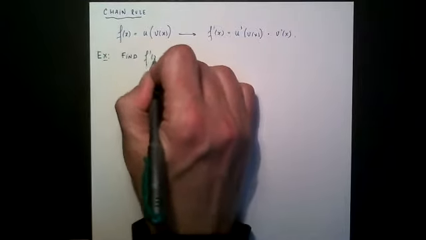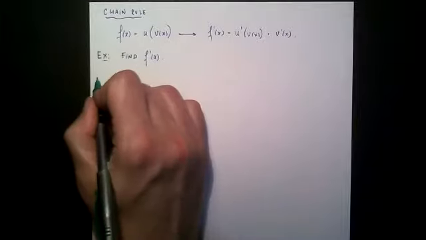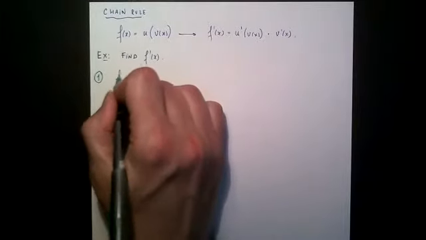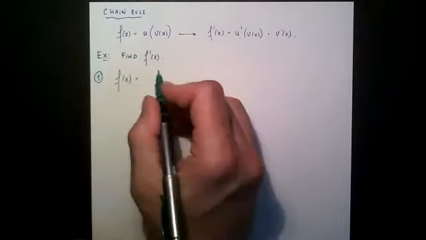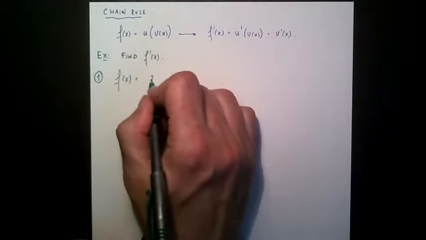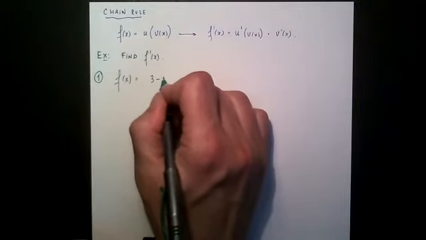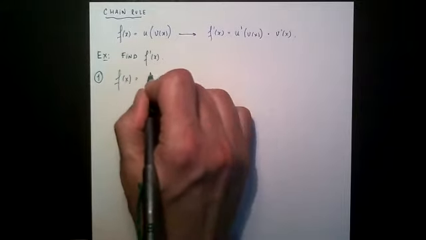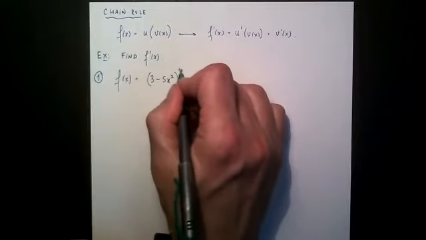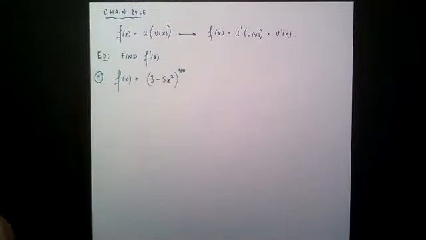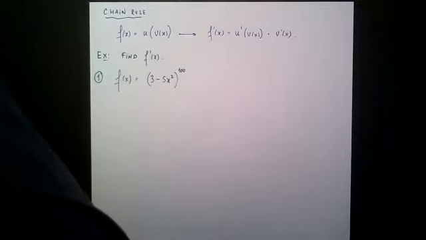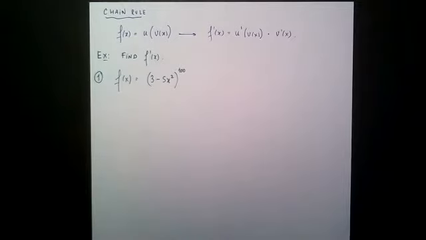Find f prime of x. Number one: f of x is (3 minus 5x²) to the power of 100. This is the function, and I want to find the derivative.